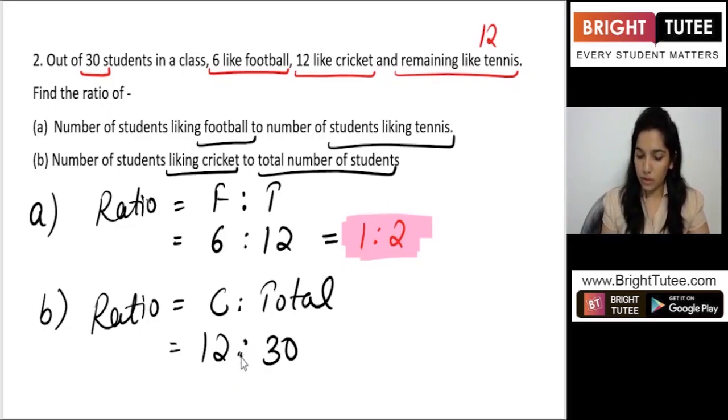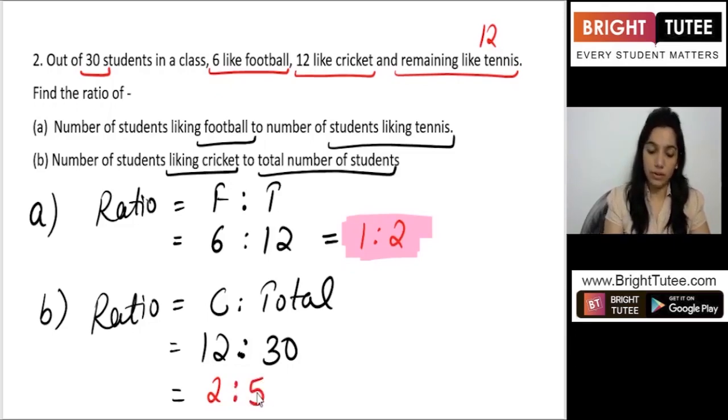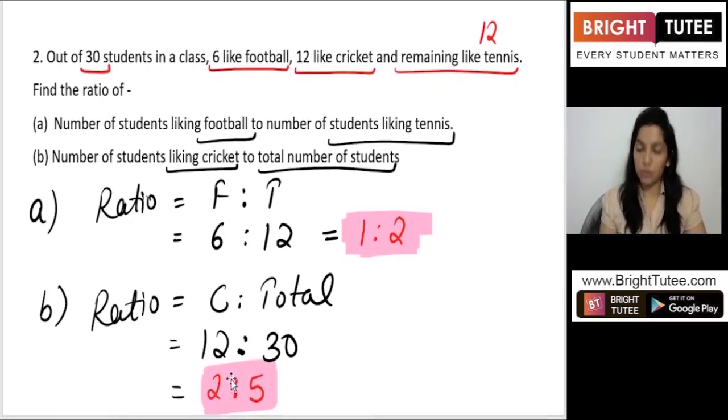So 12:30 is the ratio. But because we can divide 12 and 30 by the same number, let us divide by 6. Dividing 12 by 6, the answer is 2, and dividing 30 by 6, the answer is 5. Clearly 2 and 5 are in the lowest ratio. This is the lowest equivalent ratio that we have calculated.